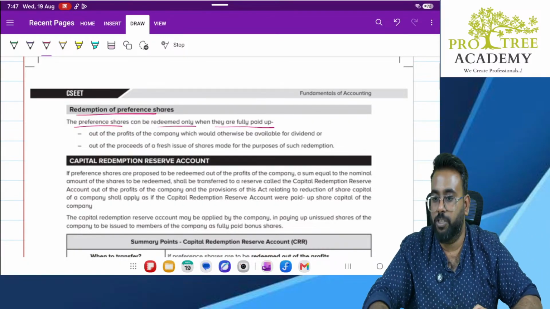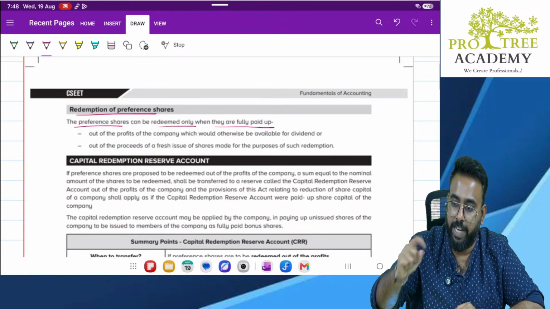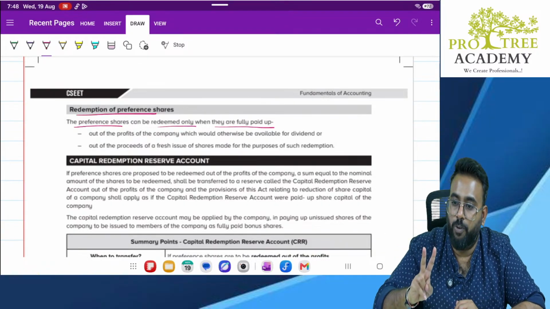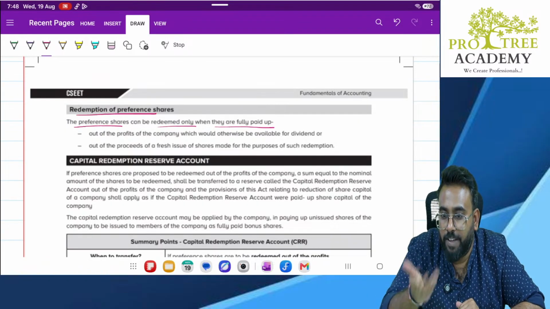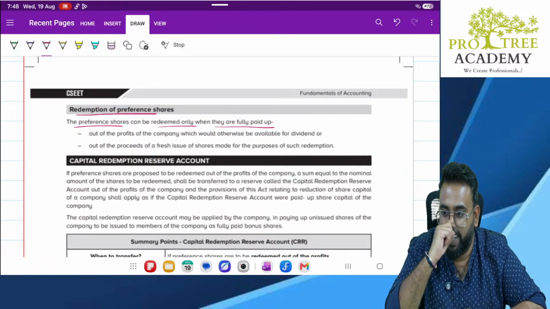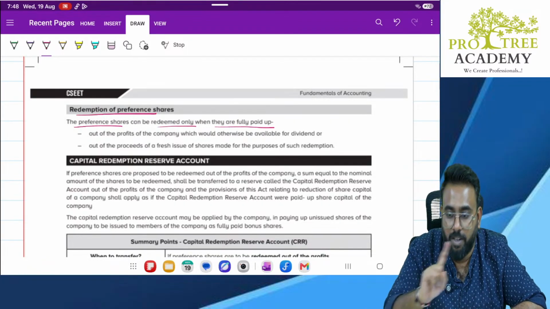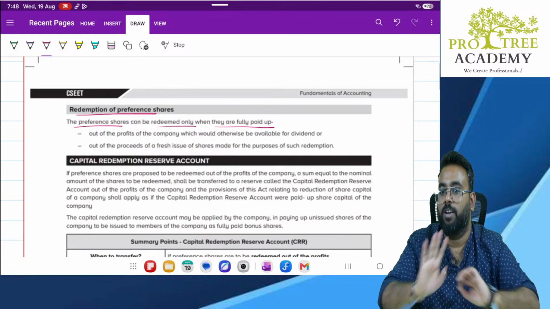Say for example I am issuing 3 years preference share. Okay, so first application allotment I made in year 1, year 2 I made first call, year 3 I was about to make the final call, but what happened, already expiry date came, maturity date came. Now can I repay them? No. First you collect the money, make the final call.